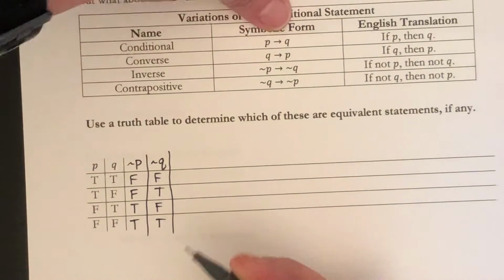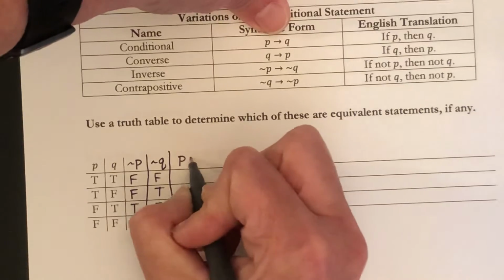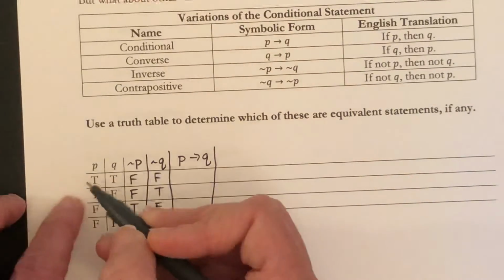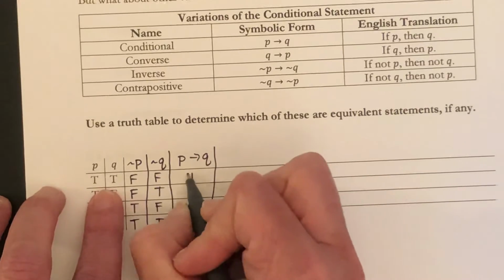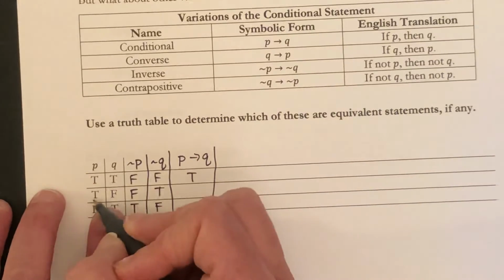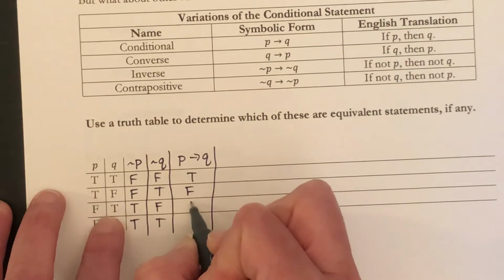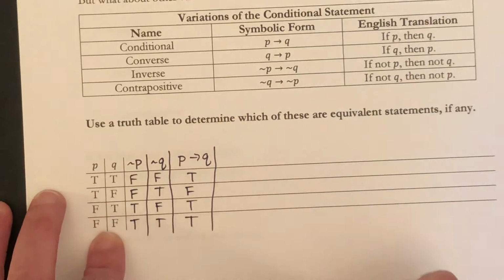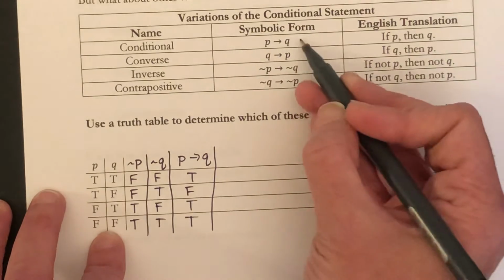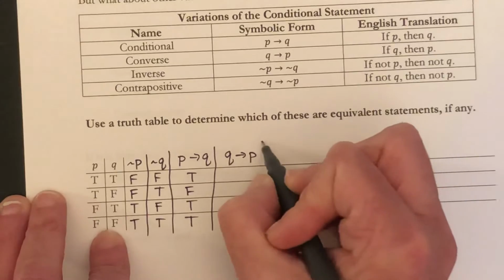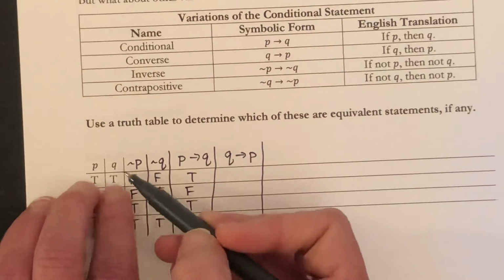And I'm just going to go through each of these. If P, then Q. Well, we know that if P, then Q, the only time that one's false is when you have a true going to a false. Okay, so I've done that one. Let's do if Q, then P. So we're reversing it.